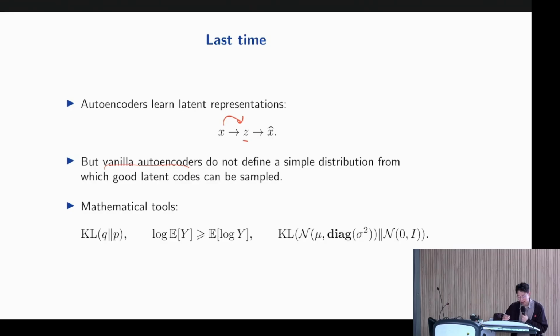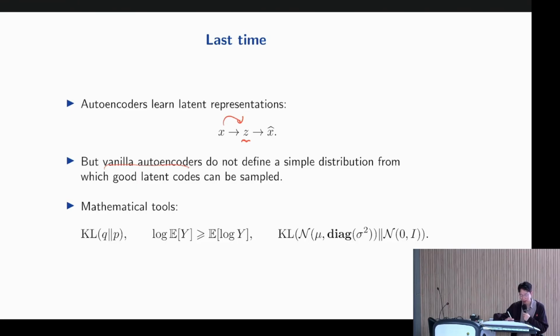But the problem was if you want to do generation, then it's problematic because X is mapped to an undefined space, so it gets mapped here and there. But during inference, we would like to sample from a predefined design distribution that's easy to sample from.